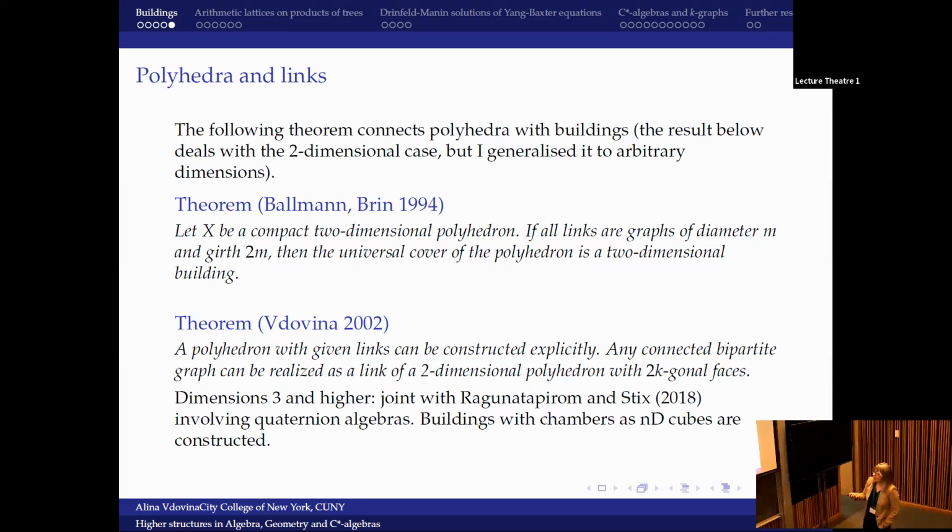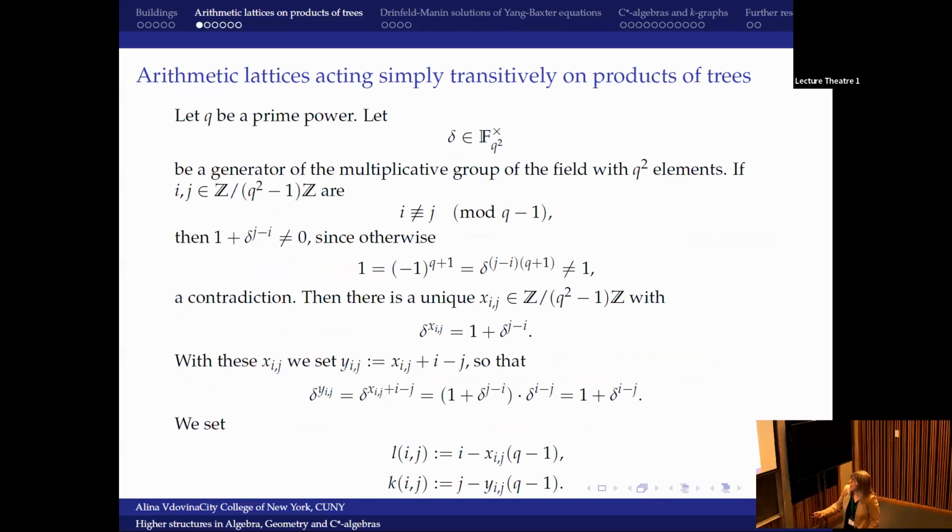So now our buildings will consist of 3D chambers, and the apartments are tessellations of R^n by n-dimensional cubes.